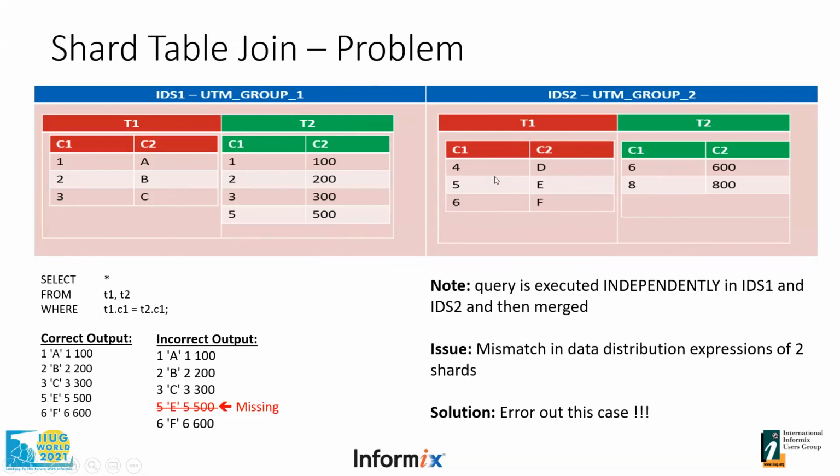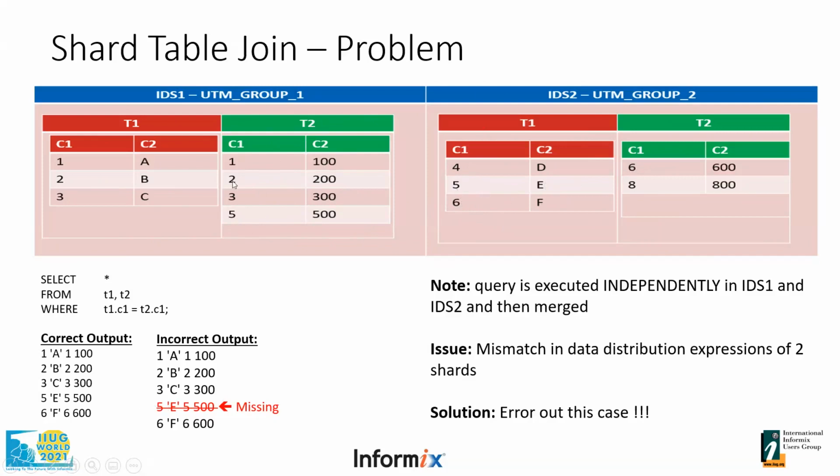But because of this distribution, if I allow it to go, this would yield 3 rows from instance 1, and then only 1 row from instance 2, which is matching with 6, because it does a local join. Unfortunately the expression is different here, and the value 5 of T2 is actually residing in the first instance, and this is not going to be joined at all.